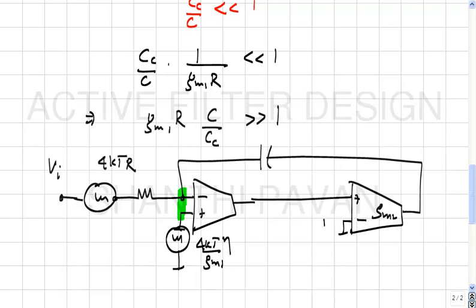So what must be the current flowing through the resistor? The noise current flowing through the resistor is the noise voltage of the resistor plus or minus the noise of the transconductor, divided by R, right? So now can you tell me the effect of transconductor noise versus resistor noise?